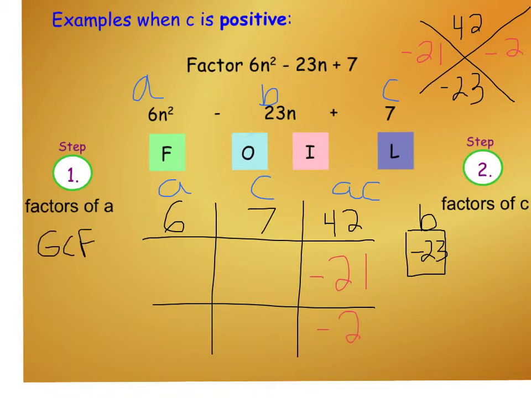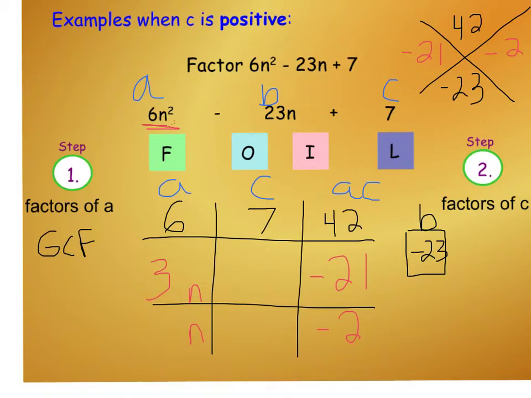Okay, next what I'm going to do is I'm going to look at this 6 and this 21 and say what's the greatest common factor between these two. So the greatest common factor is 3. 3 can divide both of them. Now, I'm also going to put an n here and an n here just because this first term does have 2 n's in it.